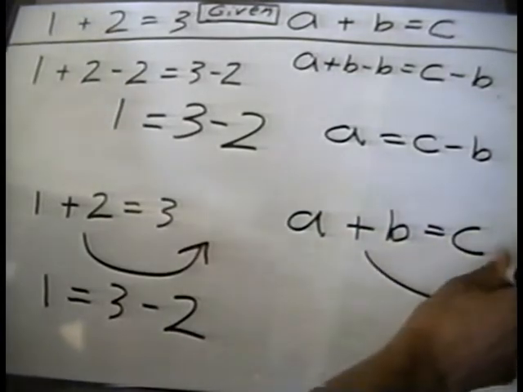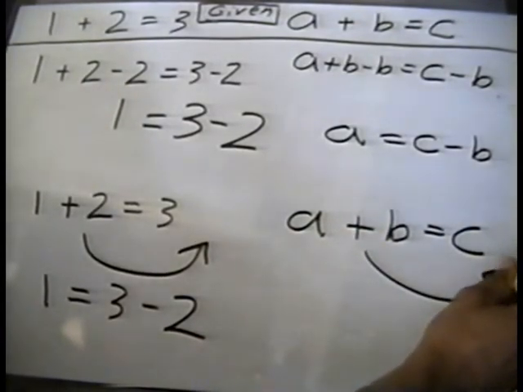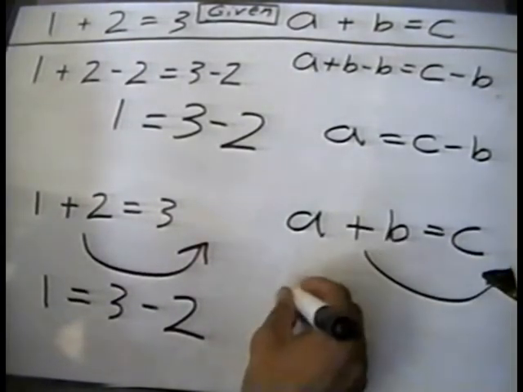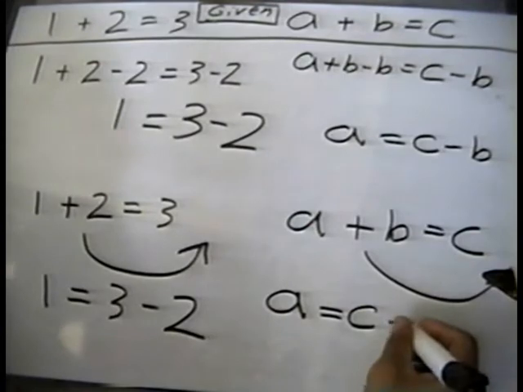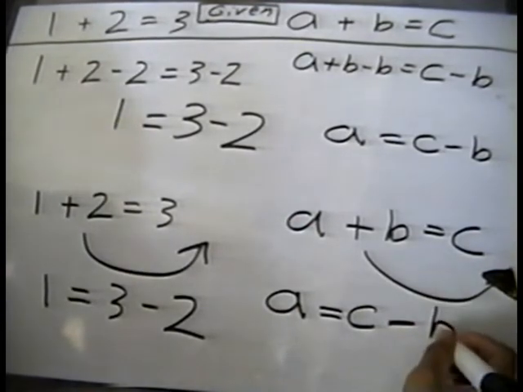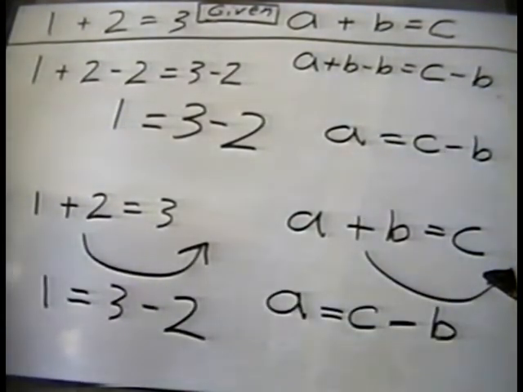See? Likewise over here, A plus B equals C. On the left side of the equation, B is positive. If we want to move it to the right side of the equation, then it's going to become negative. So it's going to become its opposite sign because we're moving it to the opposite side of the equation. We're moving it by addition.